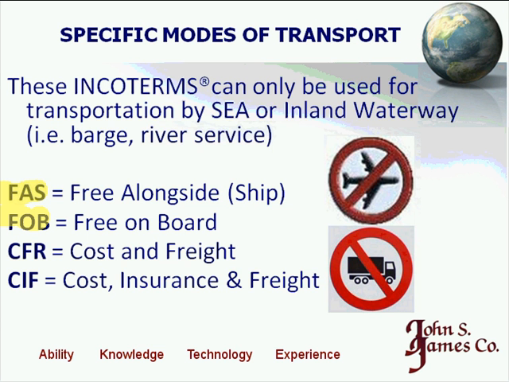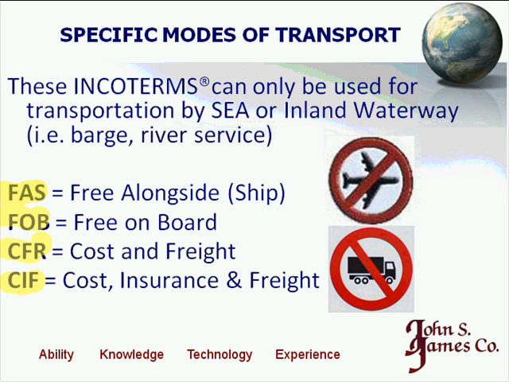Unless you have got a commercial vessel pulling up to your door and you have a port and loading facilities, don't use that. CFR, cost and freight, and CIF, cost, insurance, and freight. These are used for waterway transport. And a lot of times they're used to get to a destination.